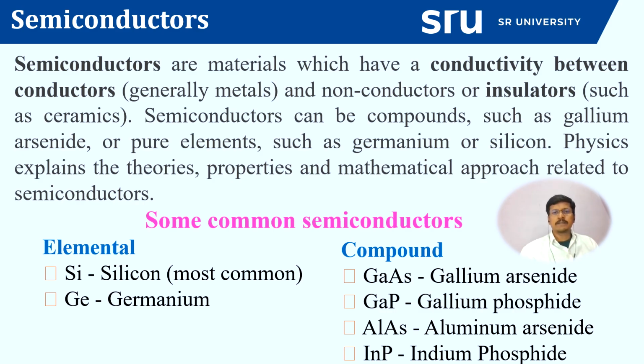Indium phosphide is used in fiber optic communication systems. Gallium phosphide is used in LEDs and display technologies. Each semiconductor material possesses unique electrical and optical properties, making it suitable for specific applications.